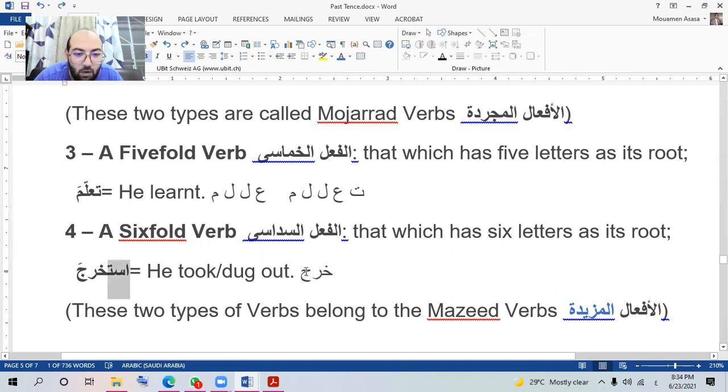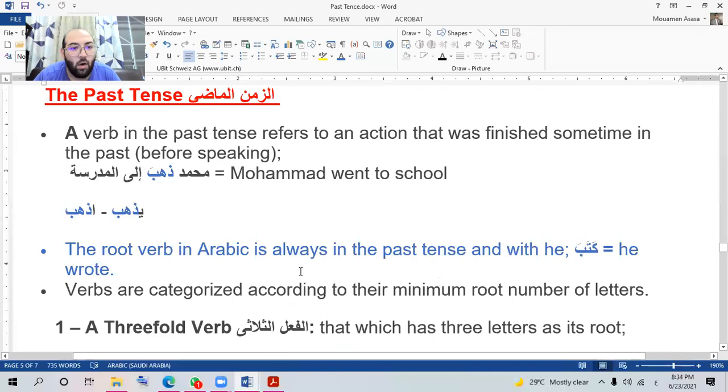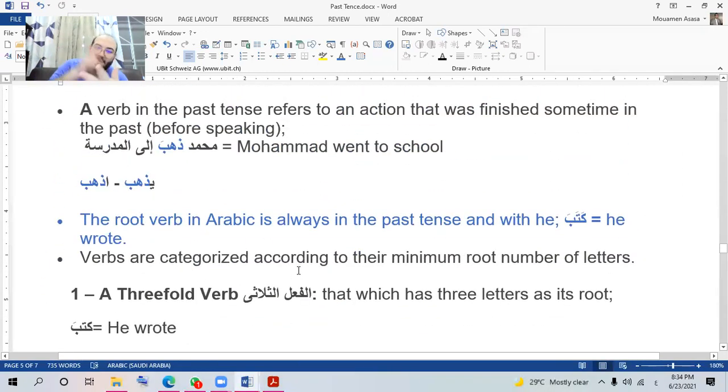So, in conclusion, we always have in Arabic 3 tenses: past, present, imperative. The origin, the root, is always the past, and the simplest root is the past in terms of he, when we use the verb with the doer he. These verbs in Arabic, we categorize based on the number of letters.